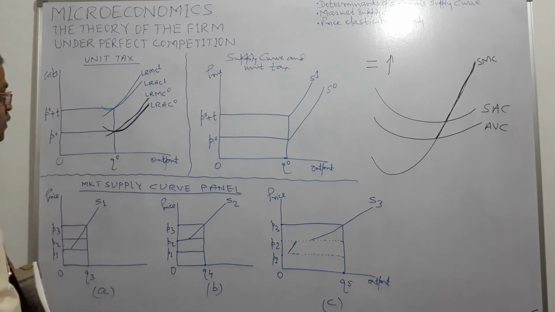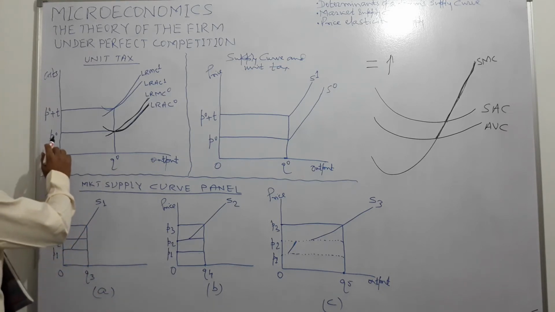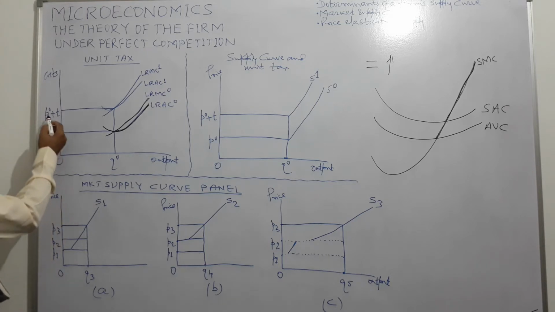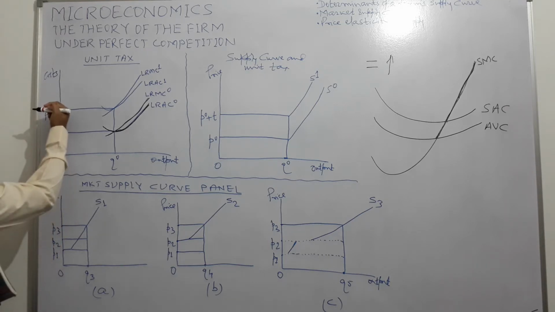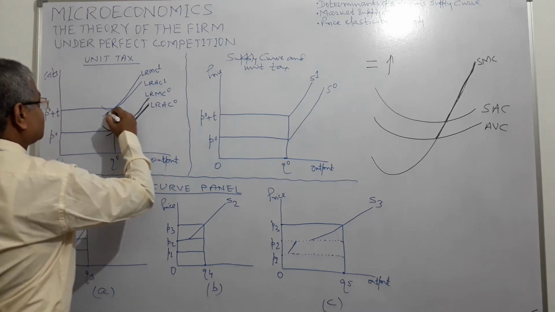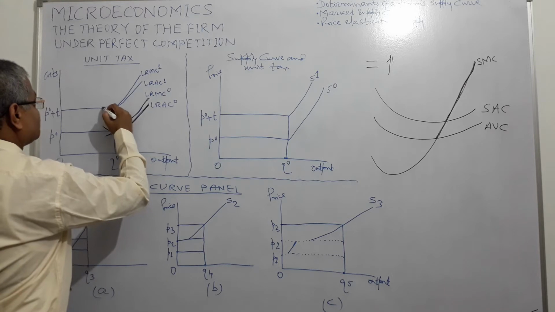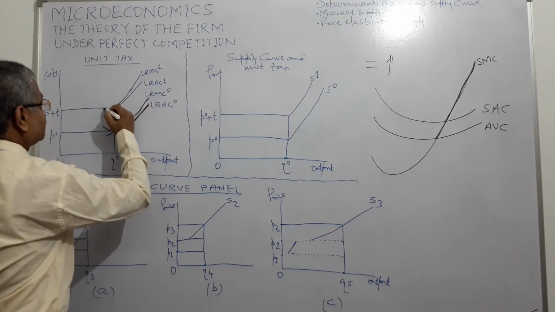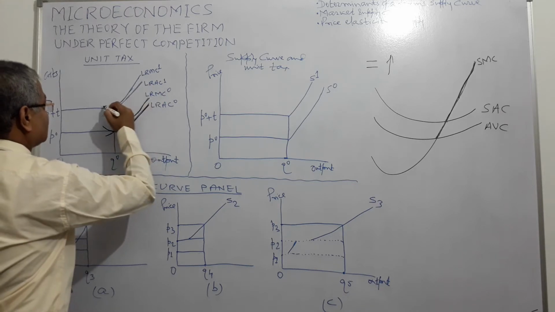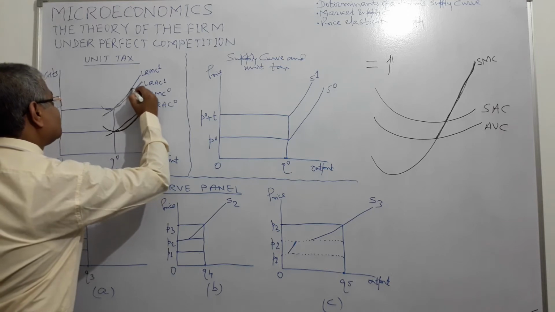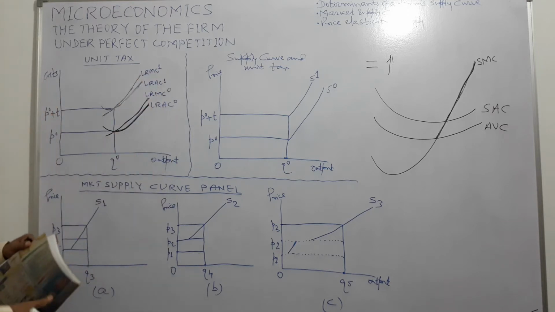Then suppose unit tax is applied and the price becomes P0 plus T, it increases. So LRAC comes here. This is the LRAC, long run average cost, and from below long run marginal cost cuts it.